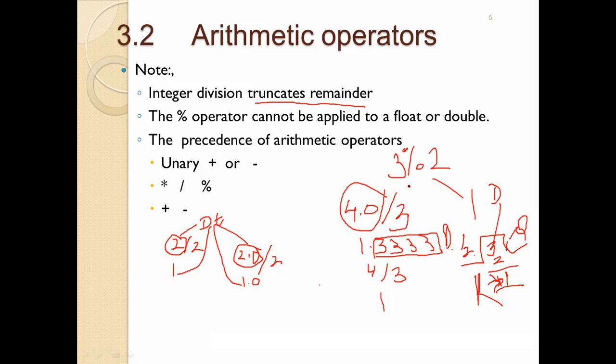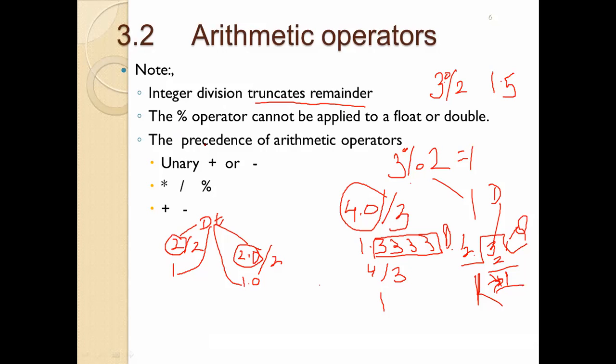So when you use this modulo operator, you will get the remainder as an answer. So you will get 1 as an answer. Instead, suppose if I write 3/2, you will get the quotient as 1 and the remainder will be omitted. But if you write 3.0 divided by 2, you will get 1.5 as the answer, as a quotient.